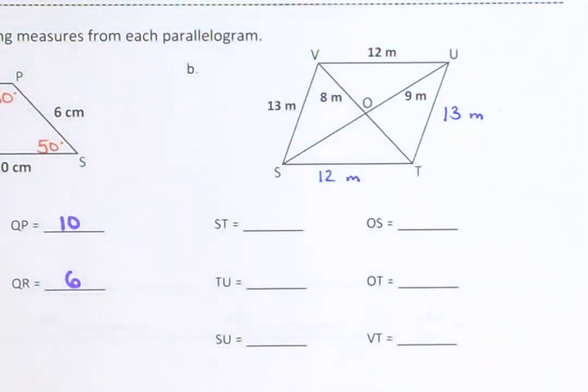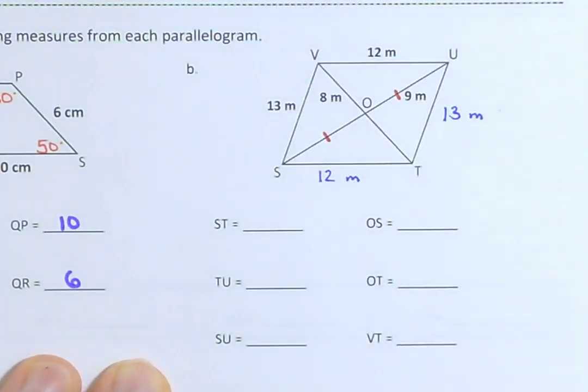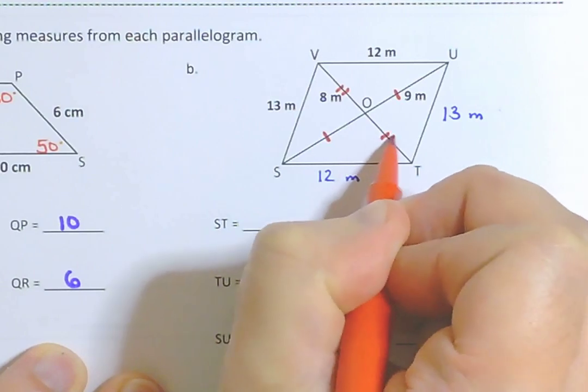Now, with the diagonals, the key thing for the diagonals is remember that they bisect each other. So they're going to cut each other in half. That means that this part is going to be the same measure as that part, and then this part is going to be the same measure as that part.